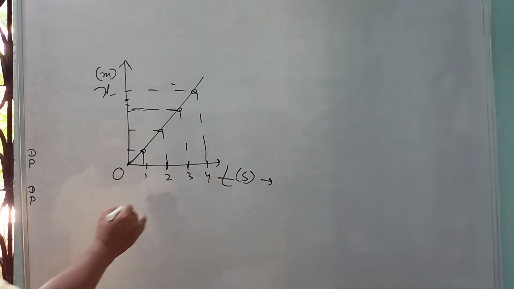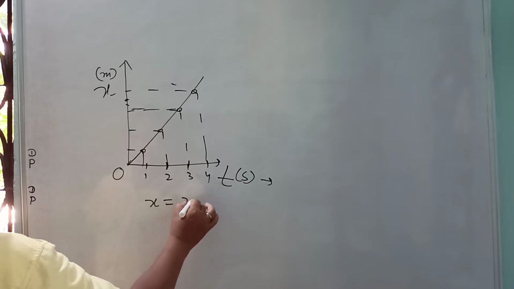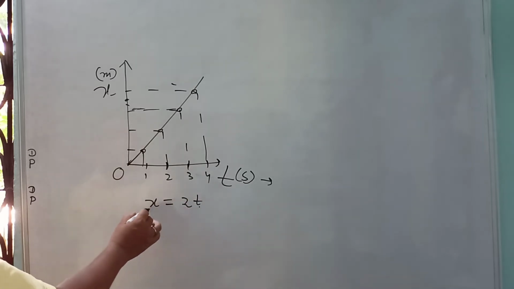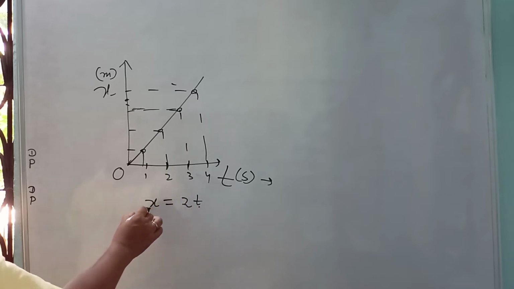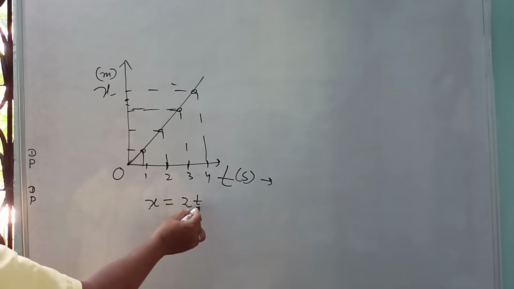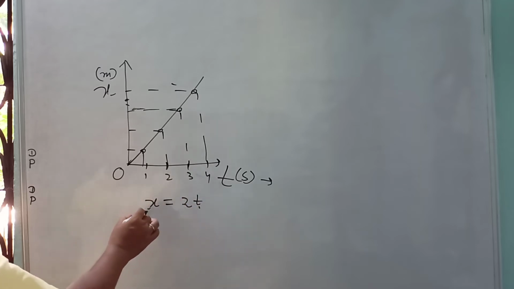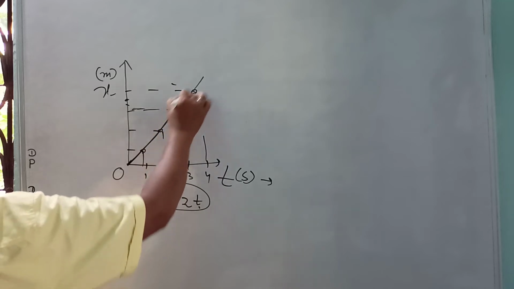Suppose I take x is equal to 2t. When t is 0, x is 0. When t is 1, x is 2. When t is 2, x is 4. When t is 3, x is 6. If you draw the graph, it is like that.